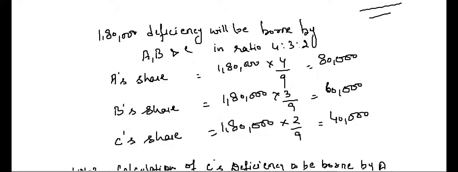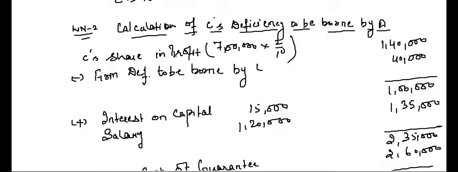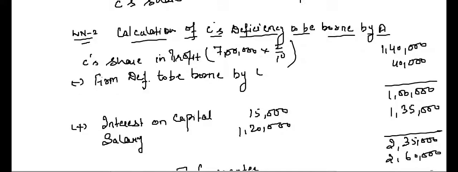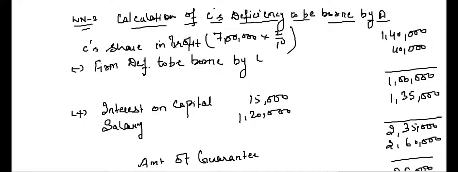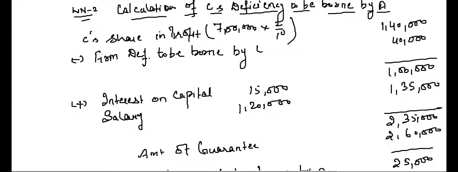Okay. So you have to prepare these working notes in the exam, and in the final answer, that is in the P&L appropriation account, you can give the reference to the working notes. Right? This is C's deficiency to be borne by A.